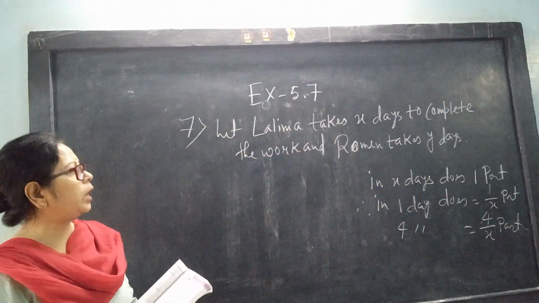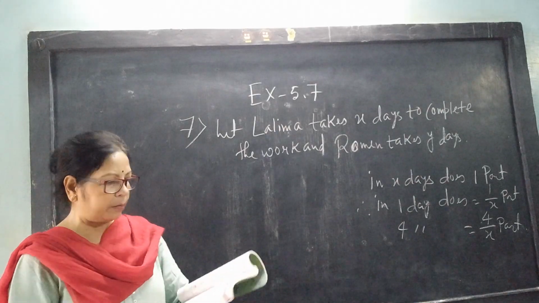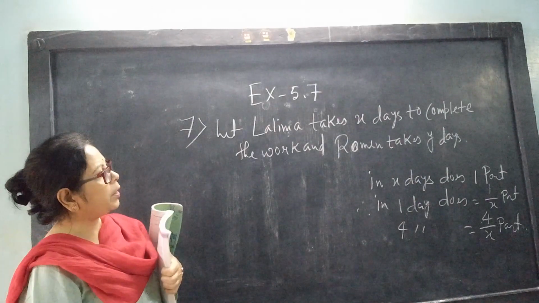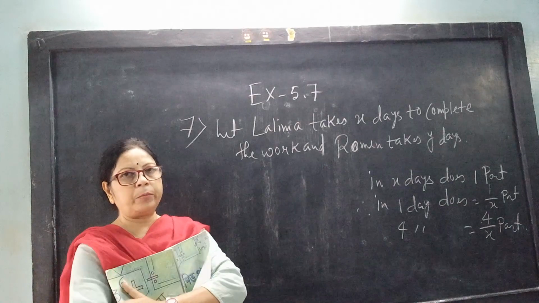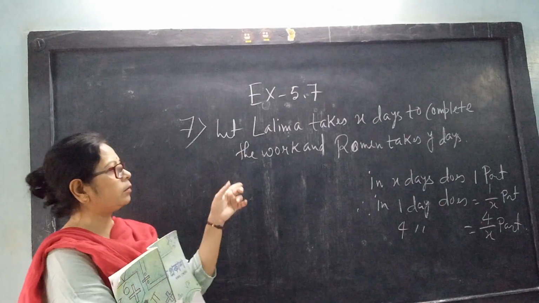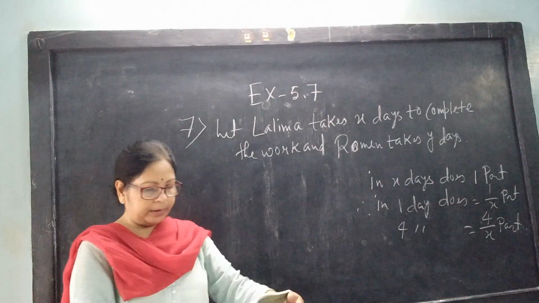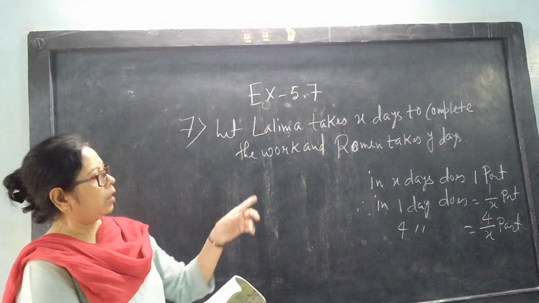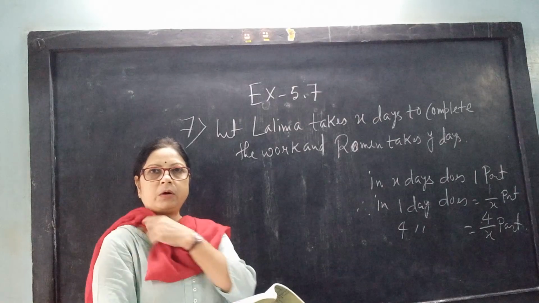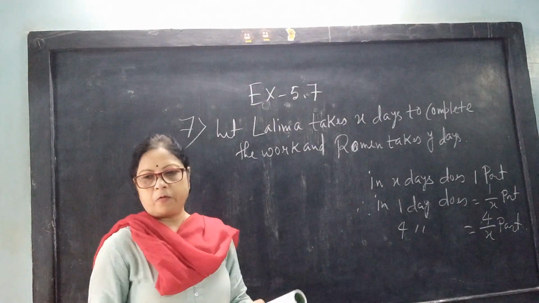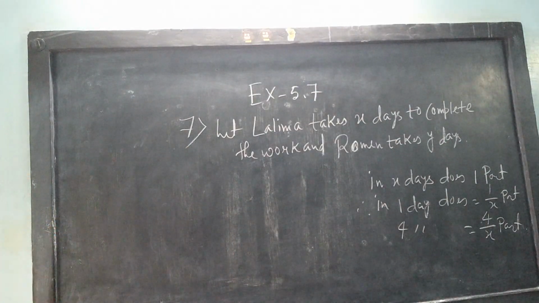Okay. Similarly, for Ramin, who completes the work in Y days, that means in Y days Ramin does one part of the work. So in 3 days, Ramin will do 3 by Y part of the work. Clear? Now I have to frame the equation.